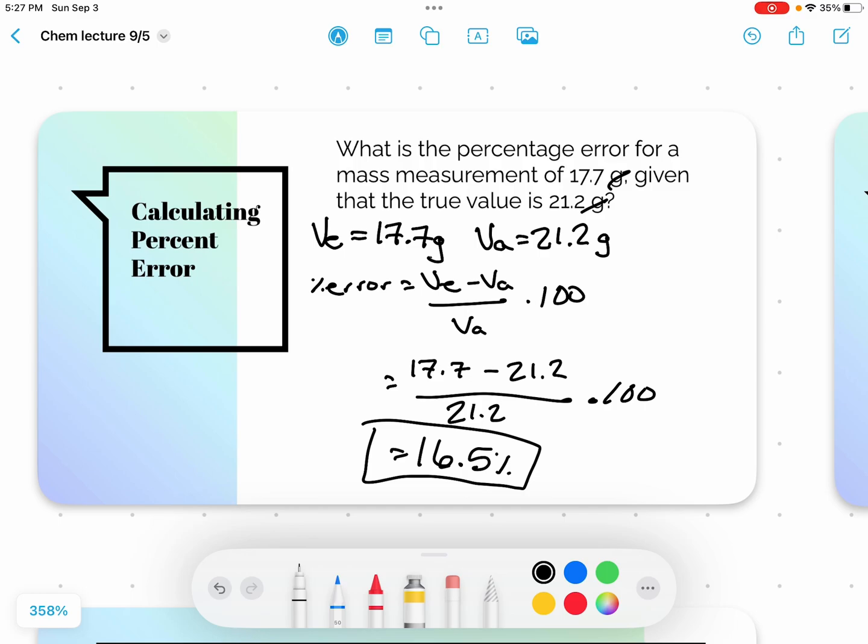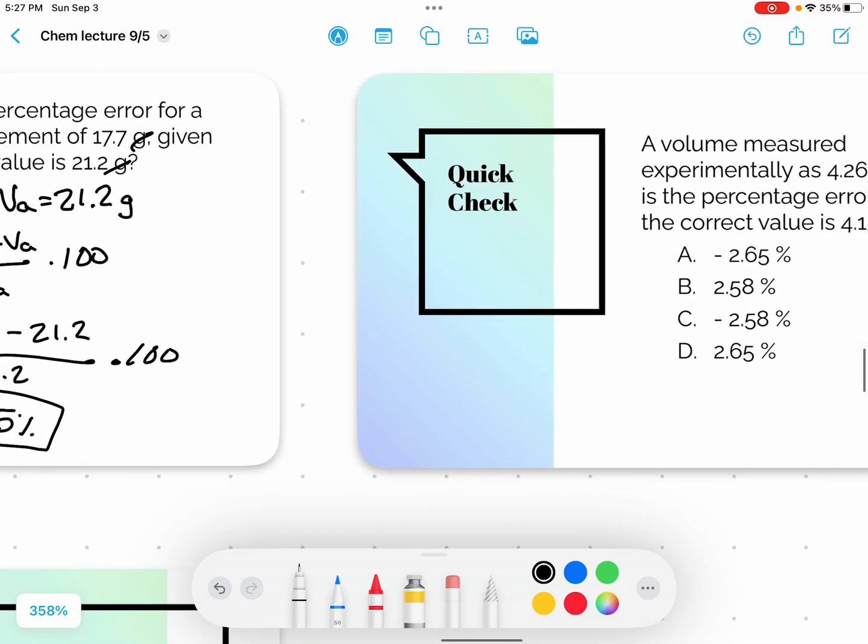Ideally, you want to be closer to the smaller number, so 5% would be great. When I was in college, I think we couldn't have anything over, I believe, like 13%. Otherwise, we were going to have to redo the lab. So the smaller the number, the better results you are getting from your experiment.